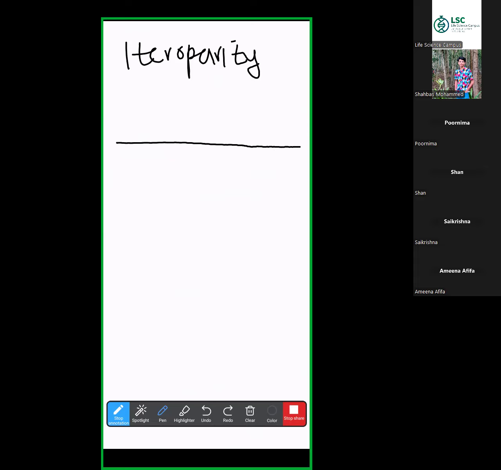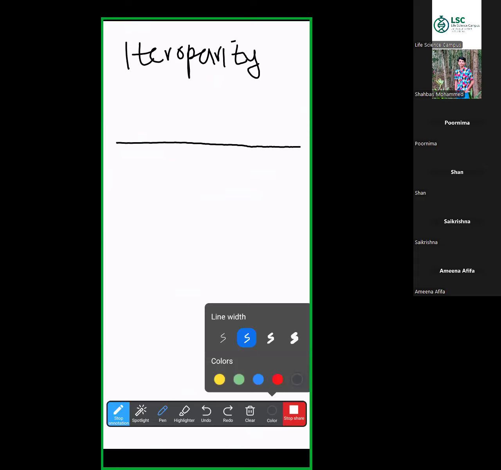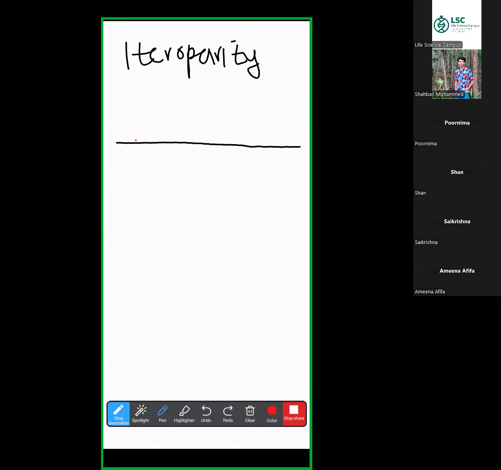In iteroparity, there is a repeated pattern of reproduction. And iteroparity can be classified into two: seasonal iteroparity and continuous iteroparity.